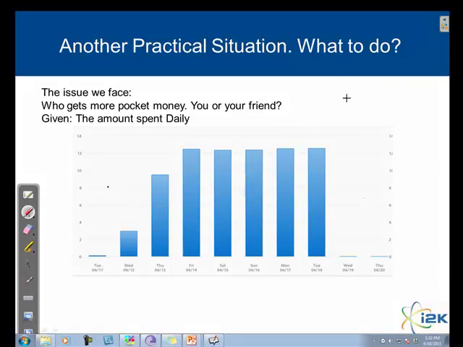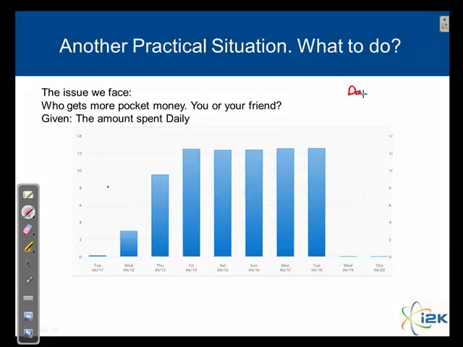So for example, day one, you and your friend, how much they have got. Say on day one, you got, let's say, 5 rupees and your friend got 10 rupees. Day 2, you got say 15, he got 25, and the entire month's spend is given.